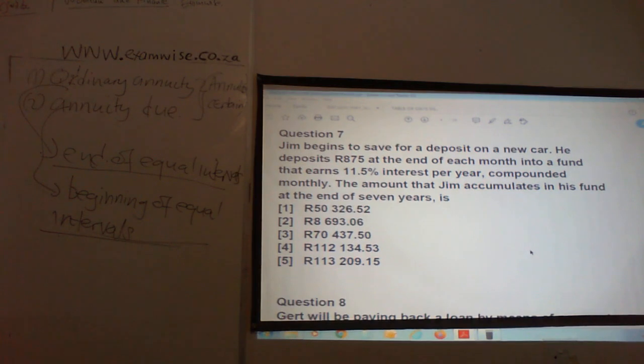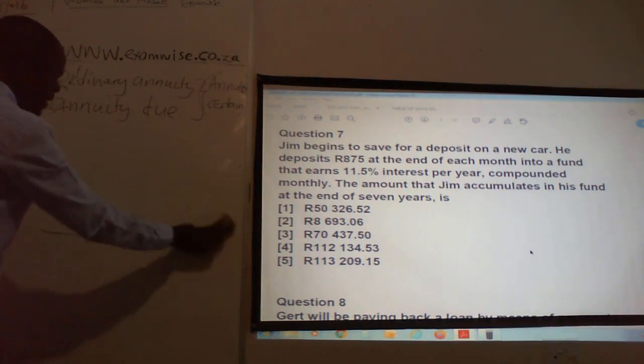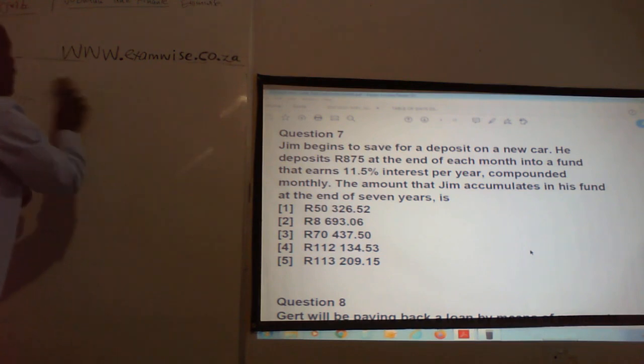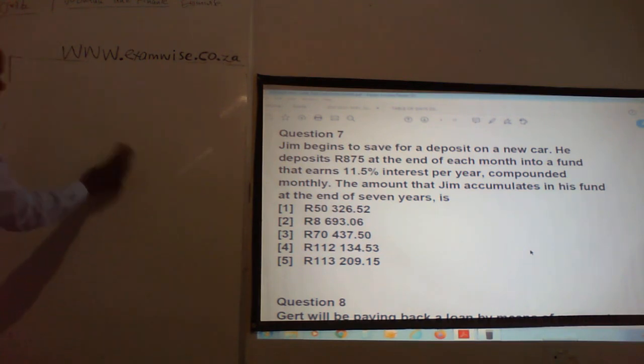Before we actually go to the question, if you still remember under compound interest, we said that we need 4 variables to determine the missing 5th variable, and I listed these variables. We have future value, and we also have present value.